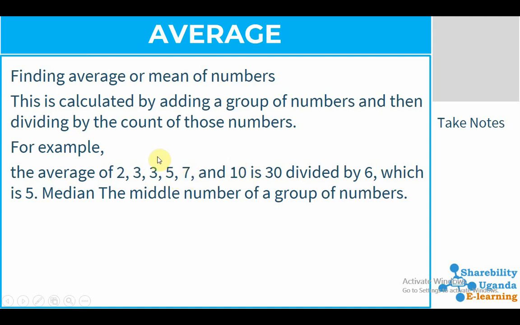So here the total of this group of numbers is 30. Then they divided by 6, and let's count: 1, 2, 3, 4, 5, 6. When they divided them, they were able to get 5.